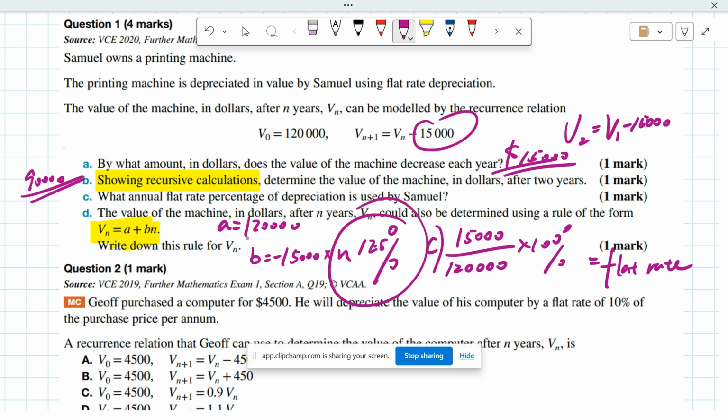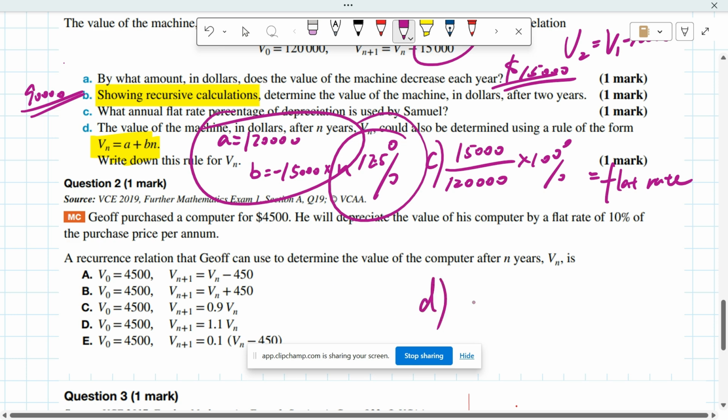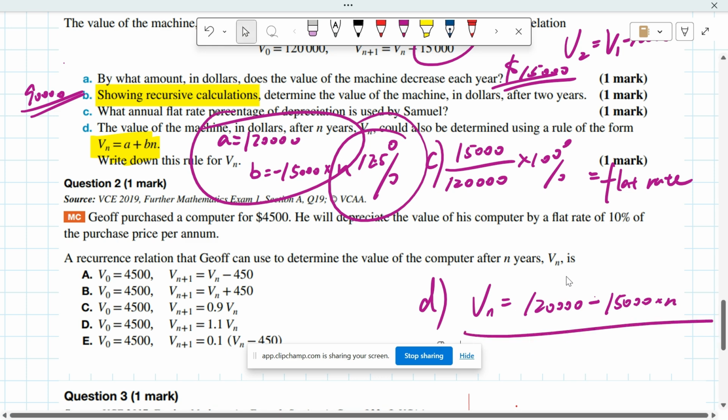That's how you write down the Vn. So question D: Vn equals $120,000 minus 15,000 times n. That's the basic rule.